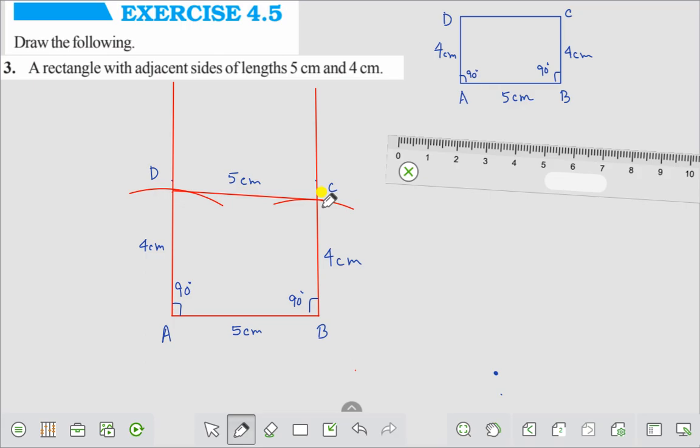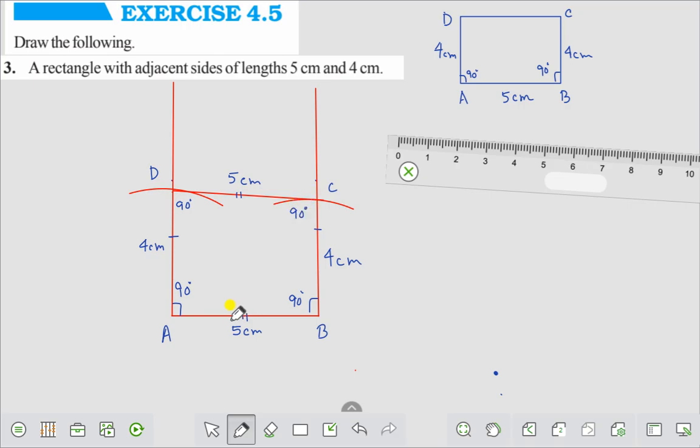That means it is a rectangle and the side AD is equal to BC and AB is equal to DC. Not only that, each angle is 90 degree. This is 90 degree and this is 90 degree. Therefore, it is a rectangle.